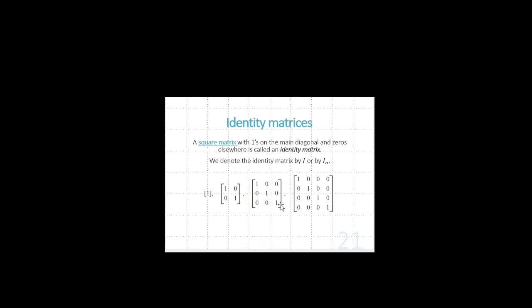By default, an identity matrix is in reduced row echelon form, right? We also notice that they're all ones along the main diagonal. What else do you notice about the identity matrix? It's a square matrix. So here's where you're going to want to make sure you know the properties of these different types of matrices. This one is a square matrix. We're going to denote this by I or by I_N. So we'll look at that.